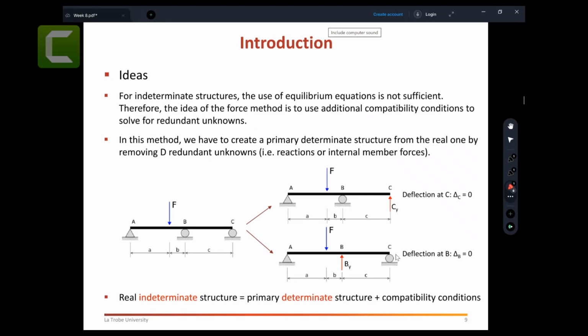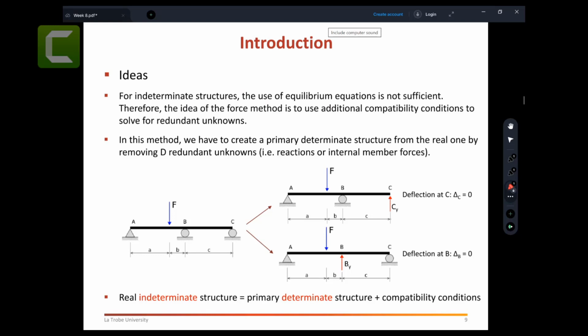Now, you know the very simple idea of how to find the degree of indeterminacy. For indeterminate structures, the equilibrium equations are not sufficient. You know that there are 3 equilibrium equations and 4 unknown values. So the equilibrium equations are not going to help us in the overall process.